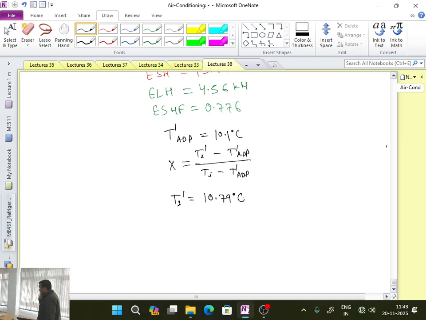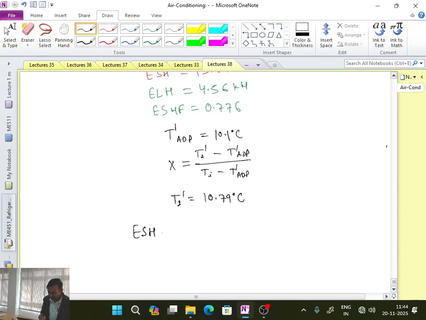Now you need to test whether this new supply state is again able to meet the room total load. It means its flow rate should again come the same as that of the previous dehumidified air quantity or not. So again I will check the dehumidified air quantity.